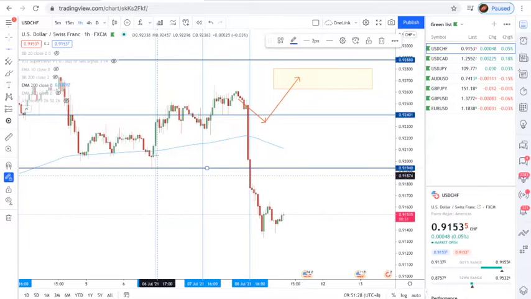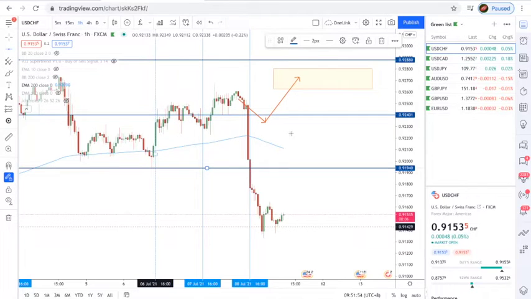So just take the longest tip. Okay, so that's the longest tip here. So this will be your entry point to go for the sell.